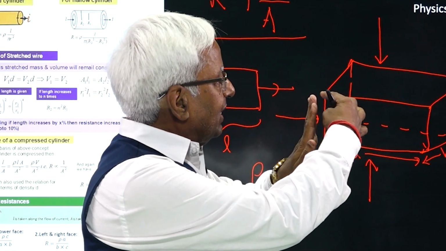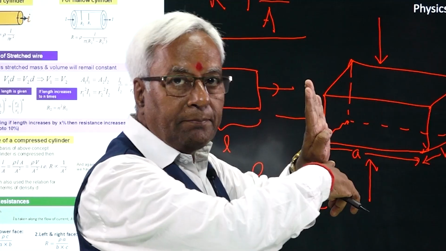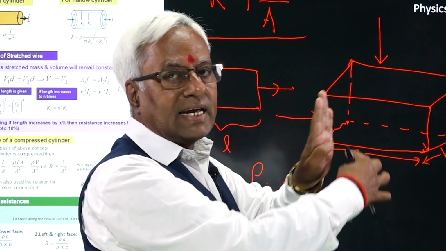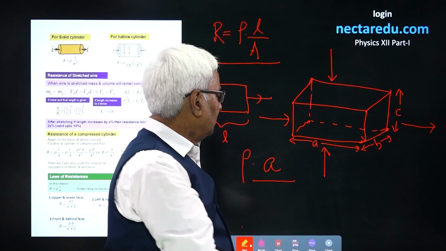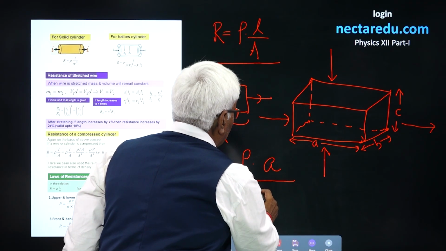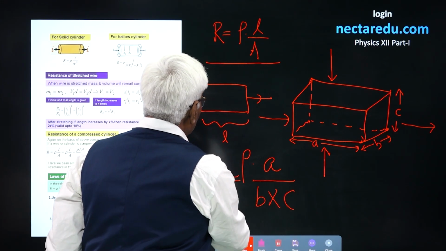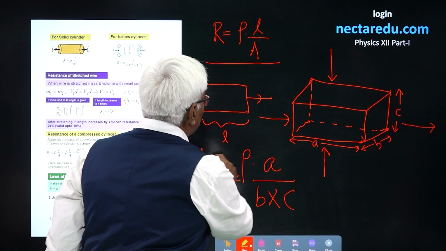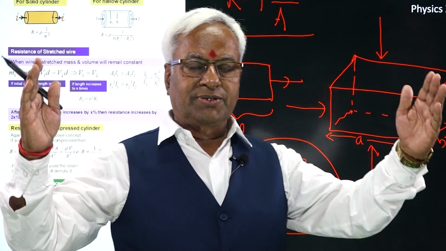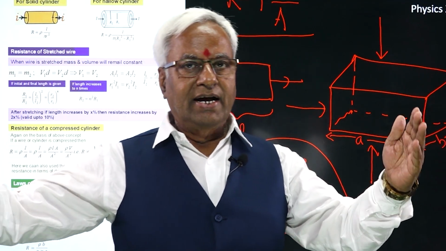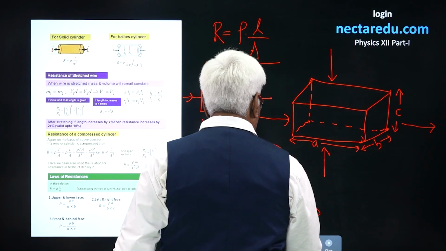For finding the area, you have to multiply this C by B. It will be rectangular shape, and that's why we are going to multiply length with the width. So for finding the area, you are going to write B into C. This becomes the resistance between the two faces, extreme left and extreme right. One method I have told you, one example.